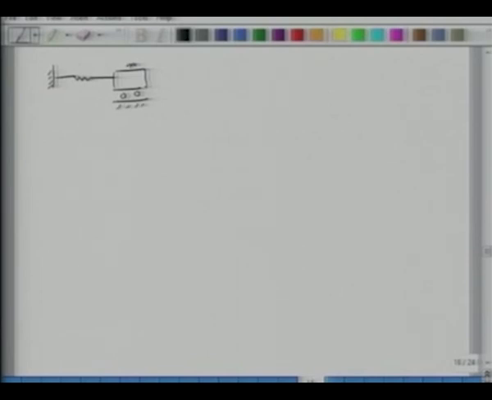So mass is M, this is K, and this is F0 e^(st). And if K is linear, then the relationship between F and X will be linear. But if K is non-linear, then there will be noise generated. So let's say K equals K0 plus K1 X cube, no, X square.